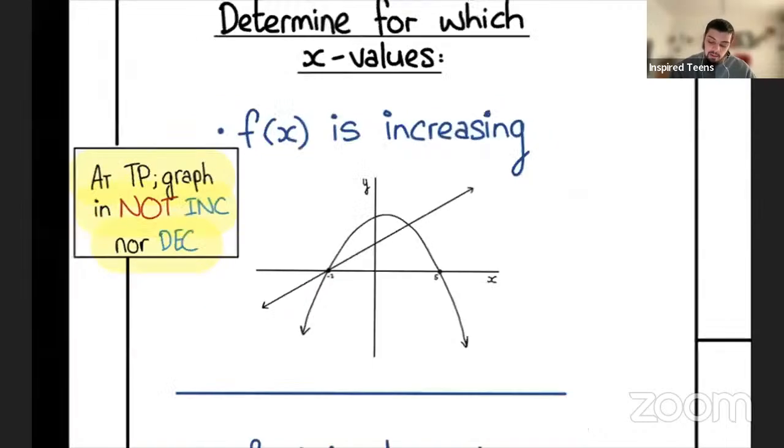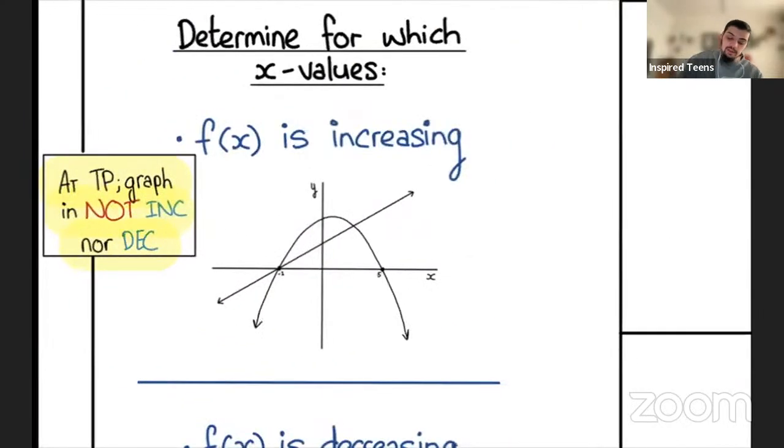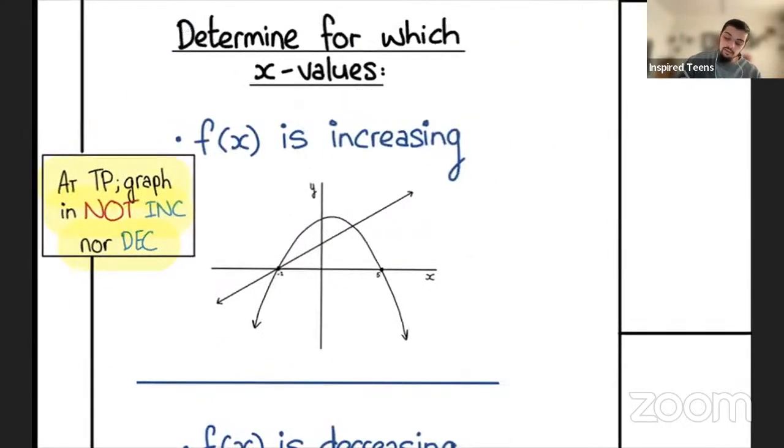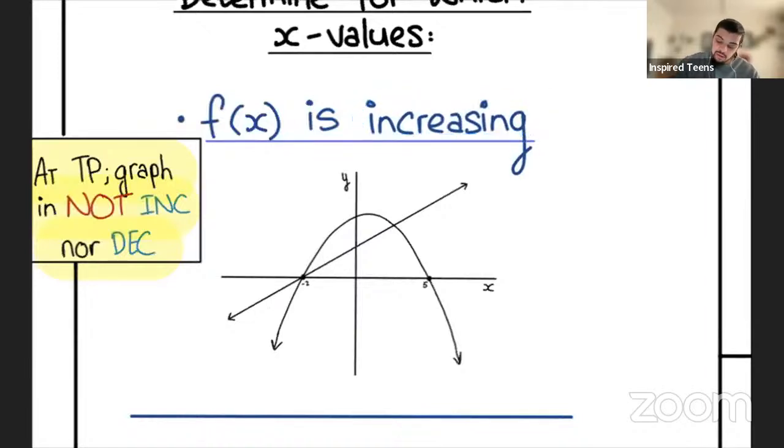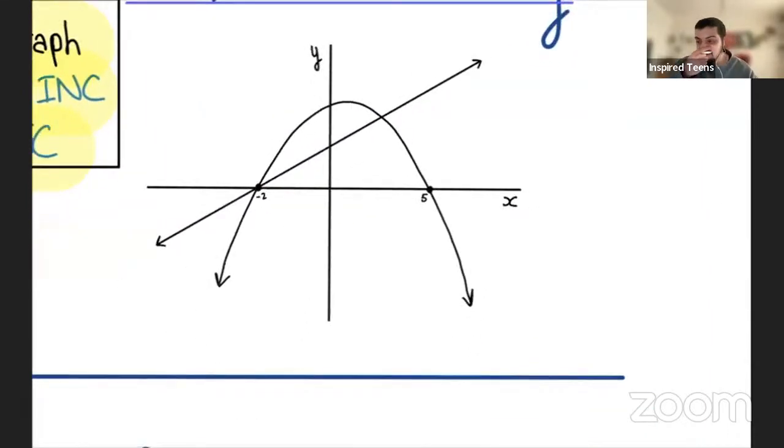Cool, right? Just always remember that. Now they want us to determine for which x values f of x is increasing. So let us try and determine the x values for which f of x is increasing. Again, we have to look for the parts of the graph from left to right which are up and down. If it's a parabola graph, you can draw your guy, Bob.